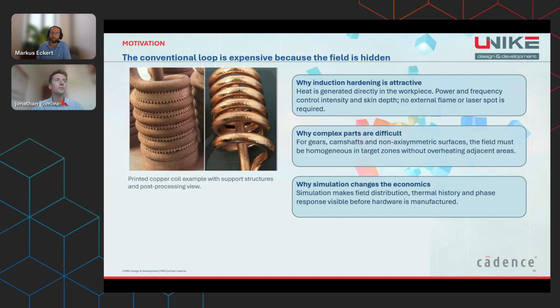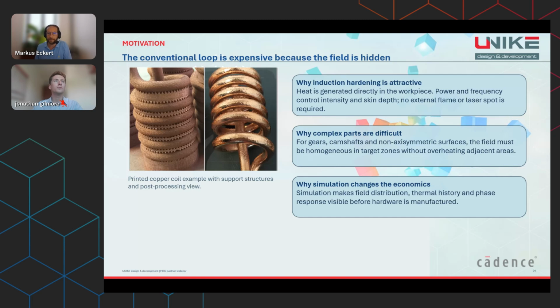Why is the simulation and optimization effort worthwhile? Induction heating is attractive because the heat is generated directly inside the workpiece. By adjusting current, frequency, distance, and coil geometry, we influence intensity, penetration depth, and the time-dependent temperature response. For simple rotationally symmetric geometries, engineering experience can take us quite far. For gears and cams, complex surfaces, or local hardening zones, it becomes much more difficult.